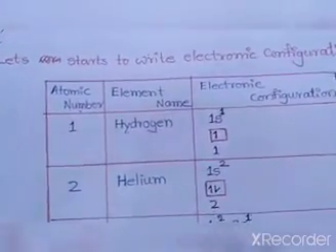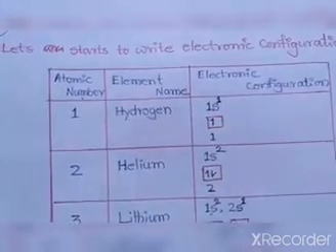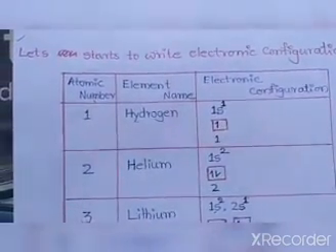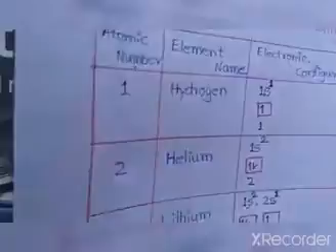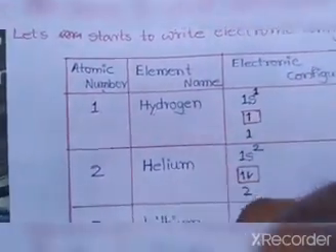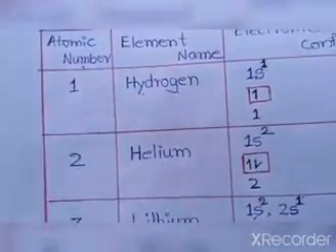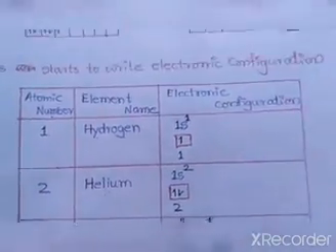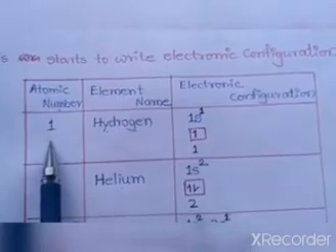Okay, students, after discussing these 3 rules, let's start writing the electronic configuration of elements. Here first I have taken hydrogen. What is the atomic number of hydrogen, students? 1.